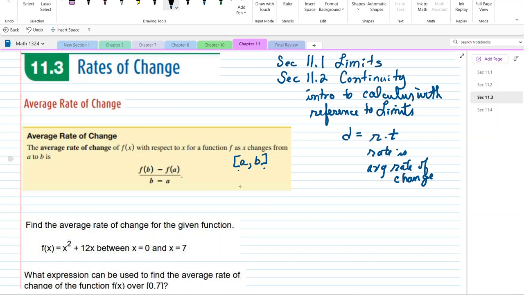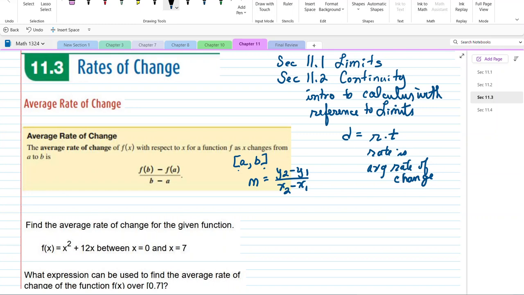Well, we notice that is closely related to slope: y2 minus y1 over x2 minus x1, which is kind of the same thing. But in this case, we're talking about change within two points on any graph, not a line, but any graph.